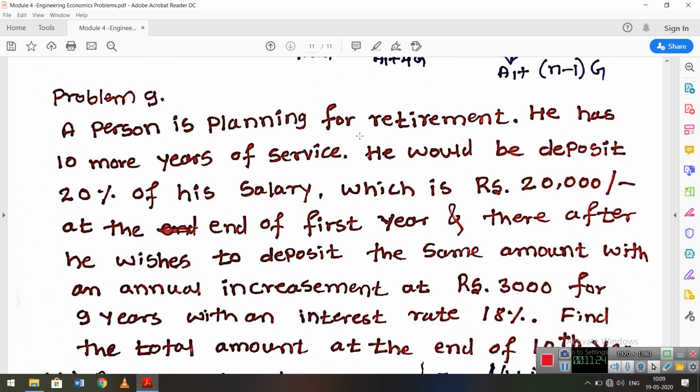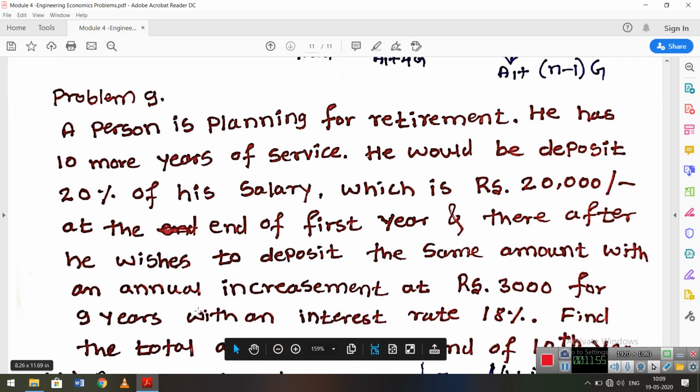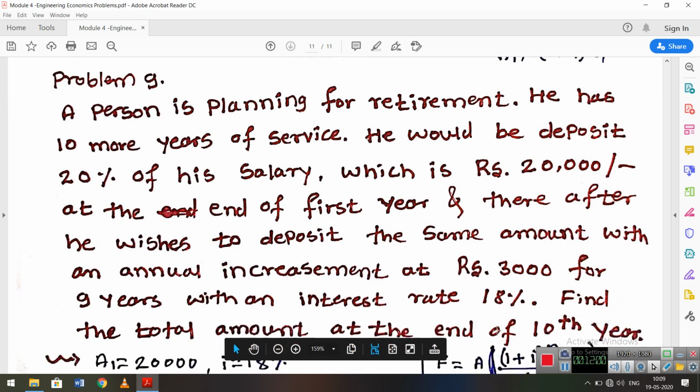A person is planning for retirement. He has 10 more years of service. He would deposit 20% of his salary, which is equal to Rs 20,000, at the end of the first year, and thereafter he wishes to deposit with an annual increment of 3,000 for the next 9 years, with an interest rate of 18%.